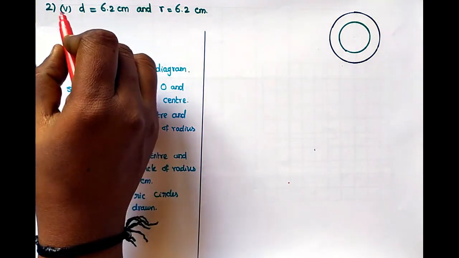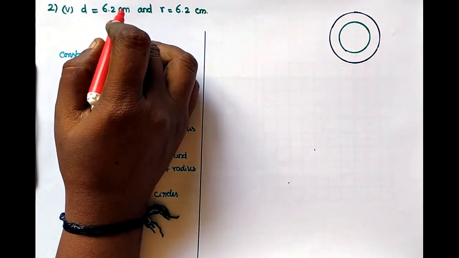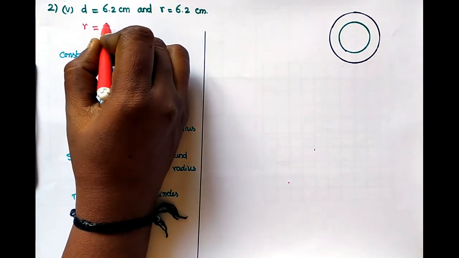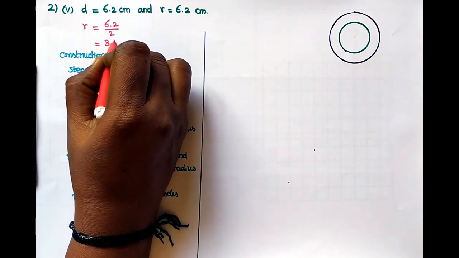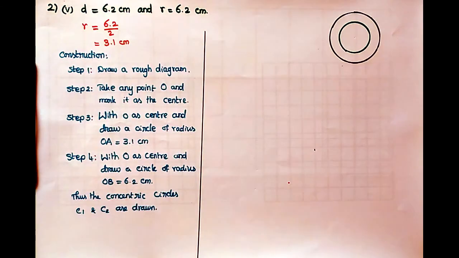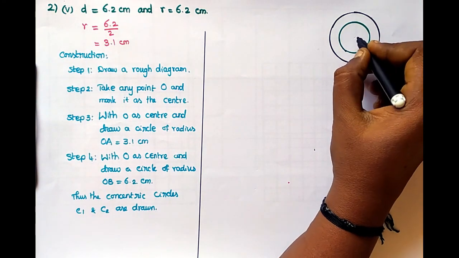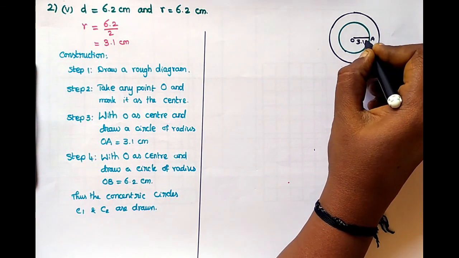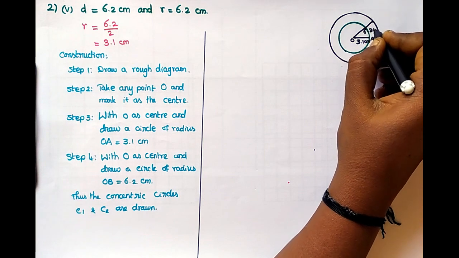Now fifth sum, diameter equal to 6.2 centimeter. They given the diameter and you have to find out the radius. So 6.2 by 2 means we get 3.1 centimeter. Now first step, draw the rough diagram. What is the measurement? OA equal to 3.1 centimeter and OB equal to 6.2 centimeter.